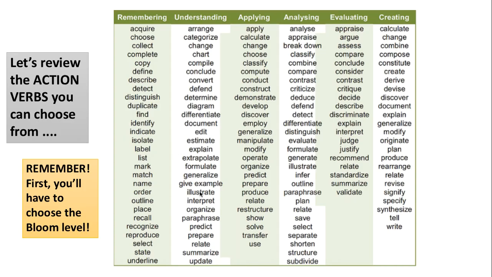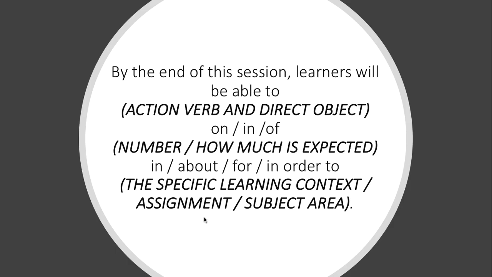Where's that? Aha, it's in understanding. Paraphrase what? Oh, an external source, right? That they're writing for their research paper. How much should the paraphrase be? Well, we said 7 to 10 sentences. And in what context? For the annotated bibliography of their research paper.